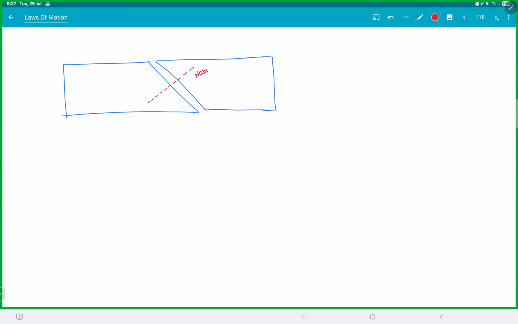It is not left and right. It is at an angle. So forces, that will be 2F. This will be F. This is 2m. This is m. I will take the whole thing as one system just to get the acceleration. So the net force will be 2F minus F. Total mass is 3m into acceleration.